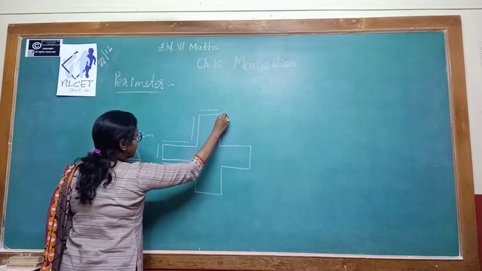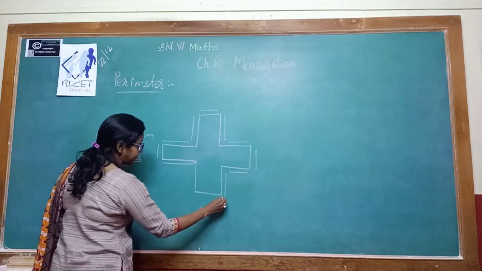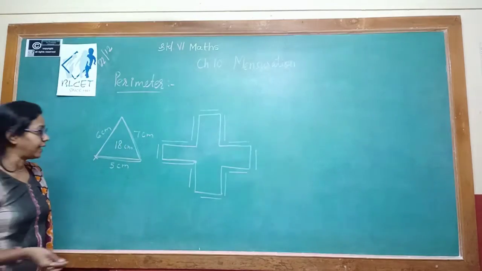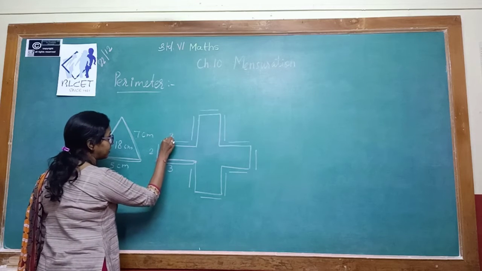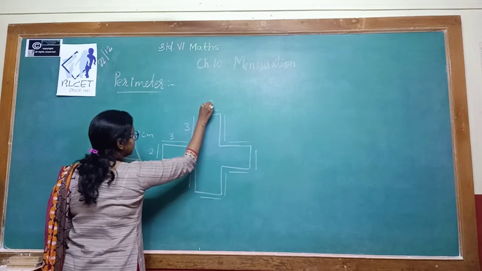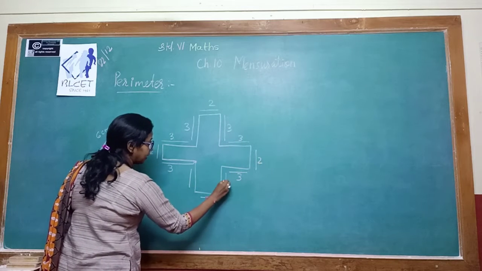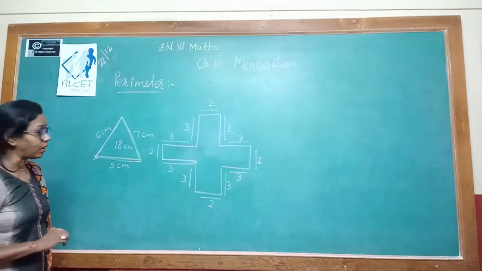All the lengths you have to consider when you want to find the perimeter, and then add them. Suppose the sides are 3 centimeter, 2 centimeter, 3, 3, 2, 3, 3, 2, 3, 3, 2 and 3. I want to find the perimeter.